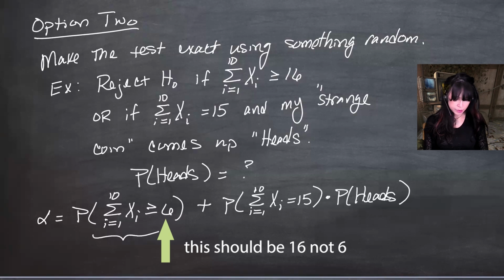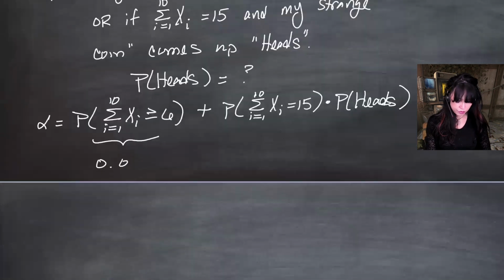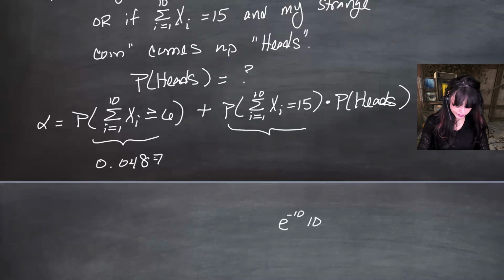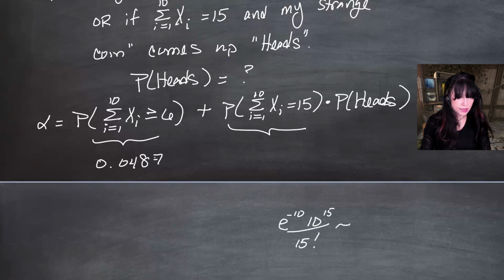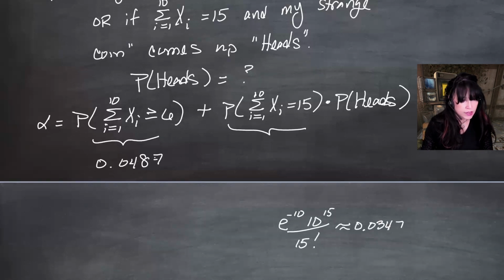So we know this number, 0.0487, and this number was, so this is approximately 0.0347187. So I'm going to put that in here.